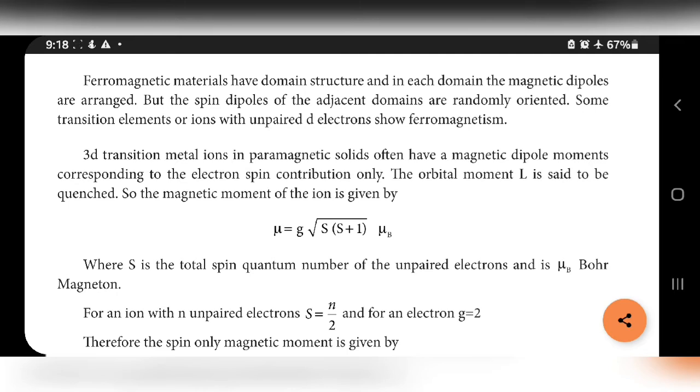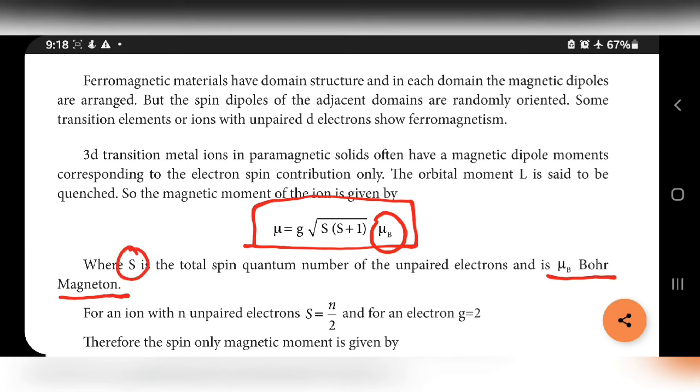So the formula is mu is equal to g root of S into S plus 1 mu B. Here mu B is called the Bohr magneton. S is the spin quantum number of the unpaired electrons.